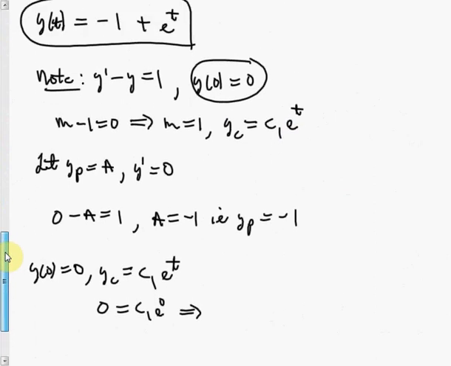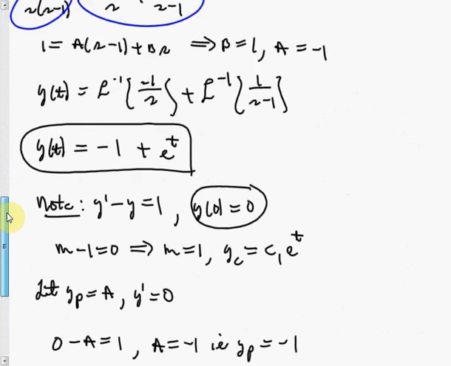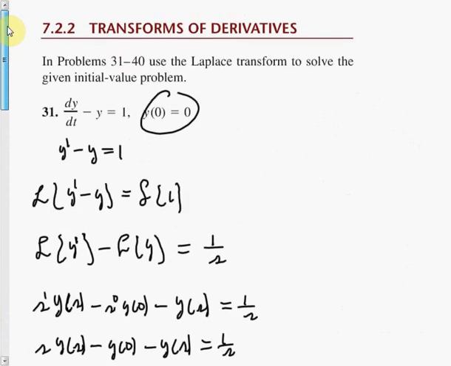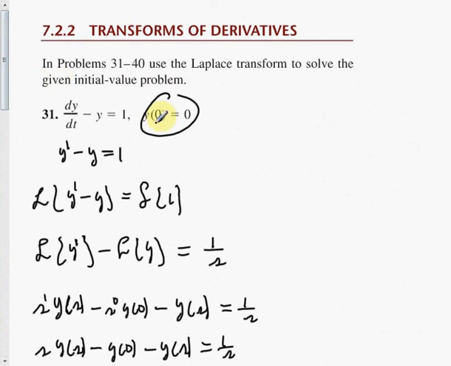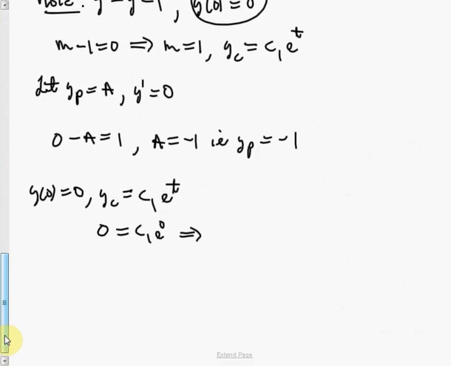Here t is equal to 0. That's right. What am I missing? y of 0 is equal to 0. Oh.